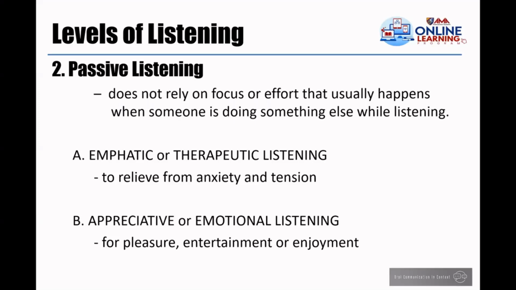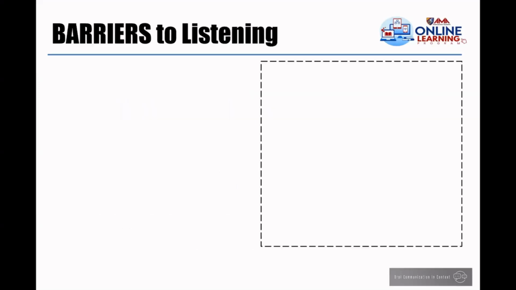Since we already know the levels of listening, there is still a need to identify the causes of communication breakdown in terms of listening. So in order to avoid these problems, we need to know the different barriers, or what we call the noise.